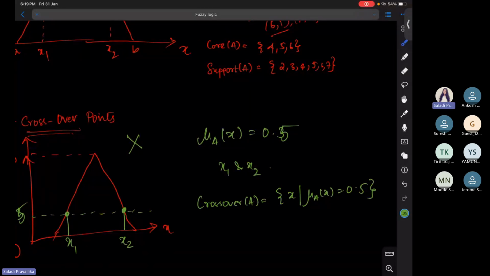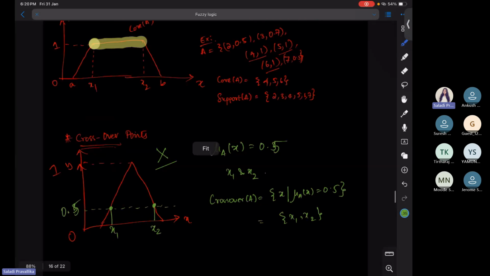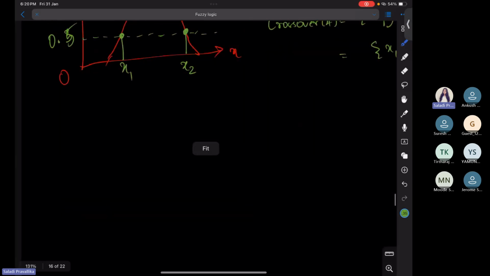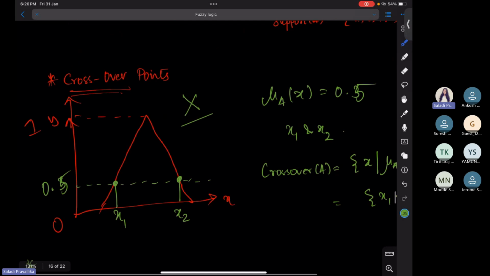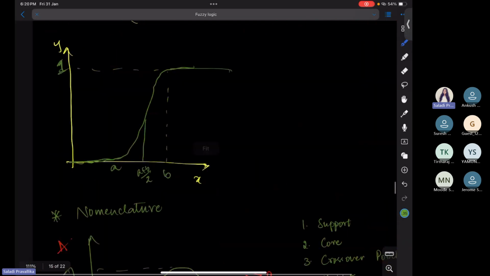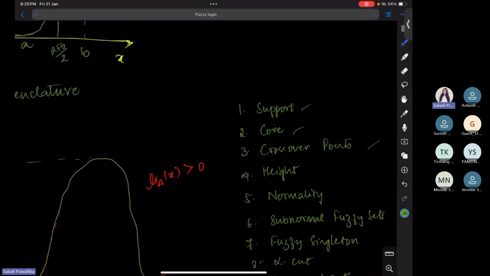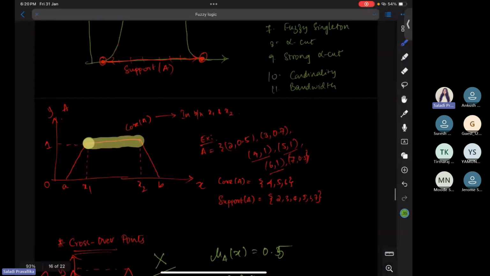Finally, we can say for the given fuzzy set A with the universe of discourse capital X, the crossover of A is equal to x1, x2. Okay, so that is a crossover point. So we discussed support, we have discussed core, we have discussed crossover point, and then let's go for height.